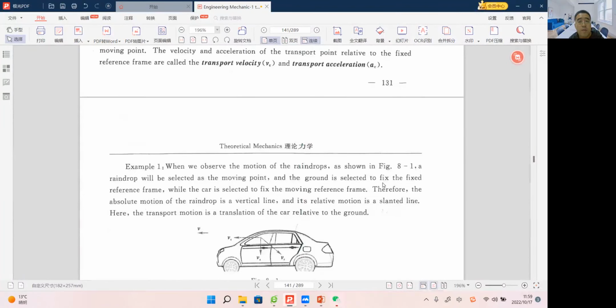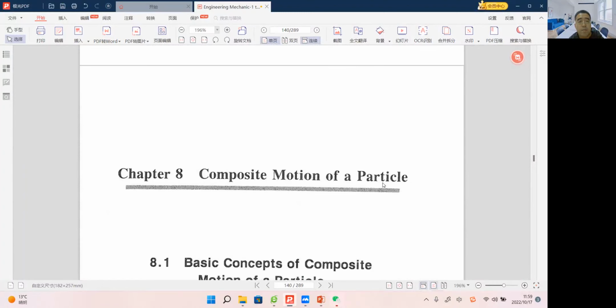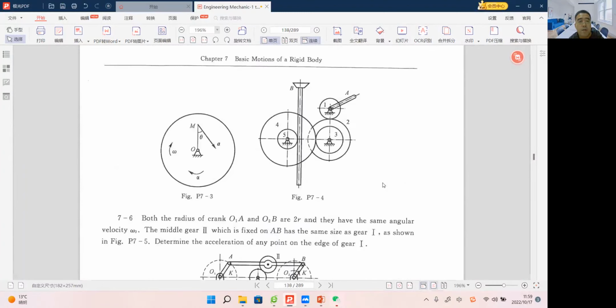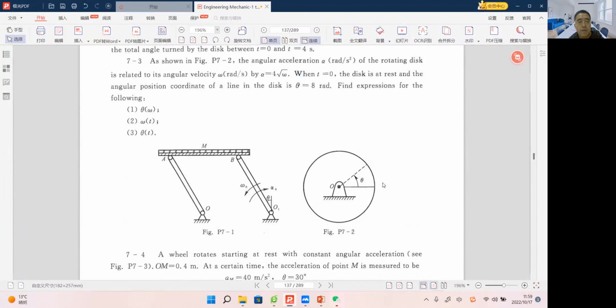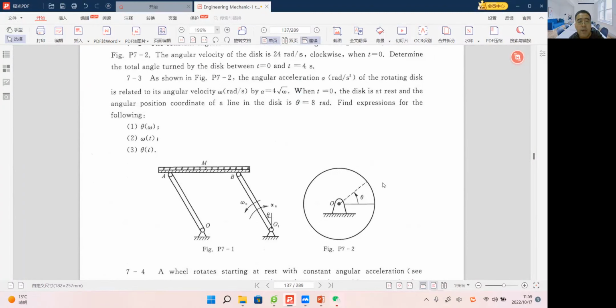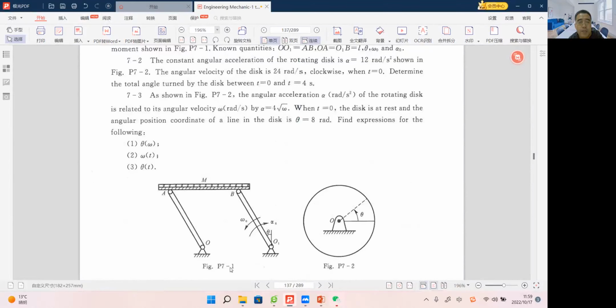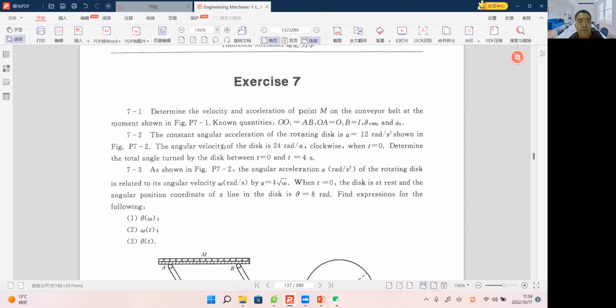Really? See, this is the figure of the first problem.